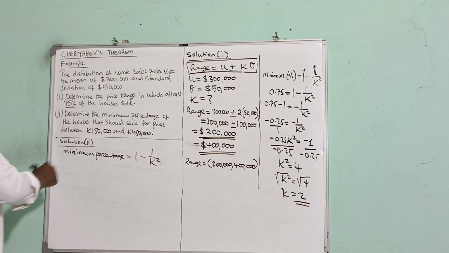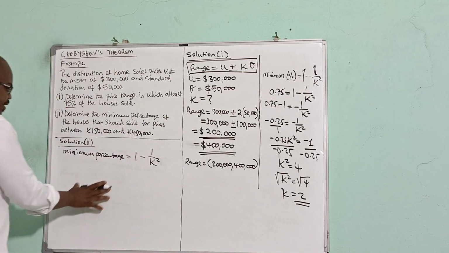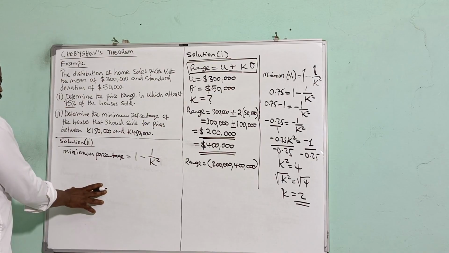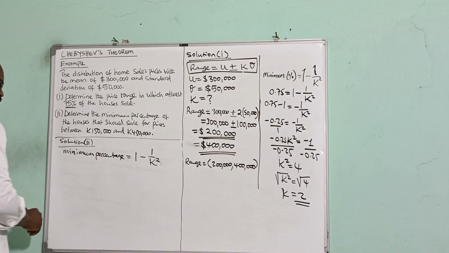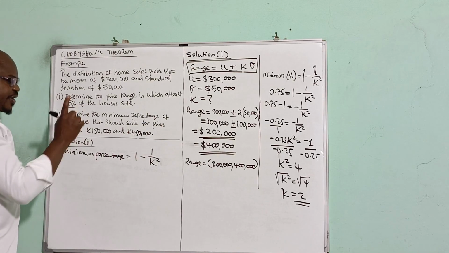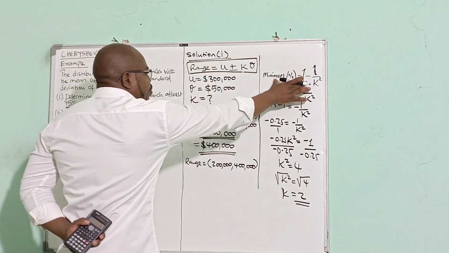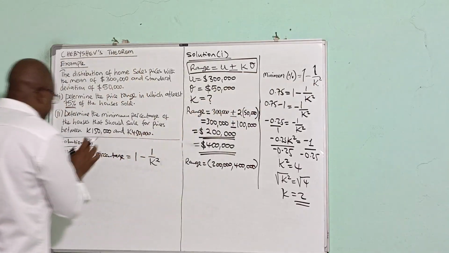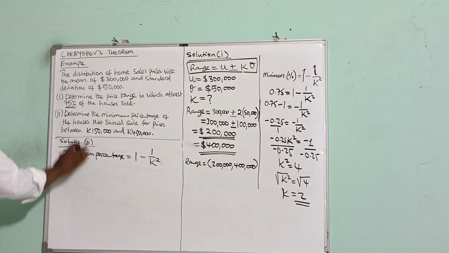This is the formula for minimum percentage we discussed. I've written the formula here. This is what we are calculating. We don't have the K. In both cases, we didn't have the K. Previously, we used the formula for minimum percentage to get the K. Now here, we are going to use the formula for the range to get the K.